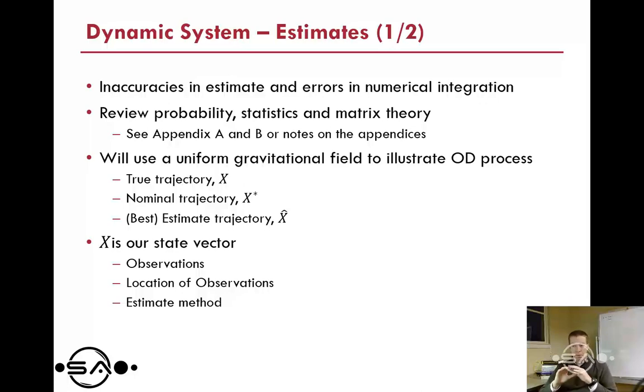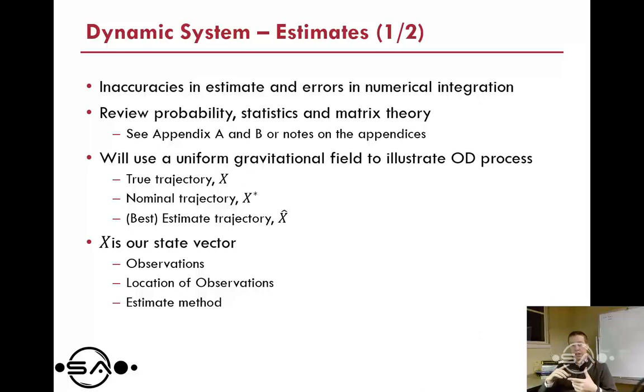So we're going to start to look at an example, or a way to illustrate, the orbit determination process. If we were to make an estimate using a uniform gravitational field, we would see three trajectories.